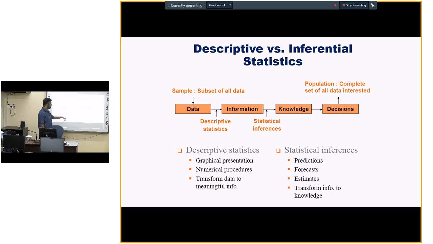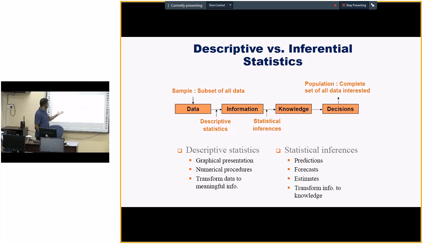What is the difference between descriptive statistics and inferential statistics? Actually, we gather data from respondents, and that is called raw data. Raw data we can convert into information by arranging the data in a proper way. That is called descriptive statistics. Further, we can convert this information into knowledge by identifying different kinds of analytical tools, inferential, parametric or non-parametric.